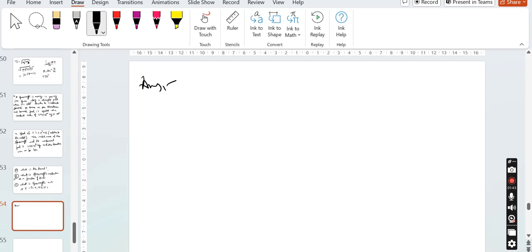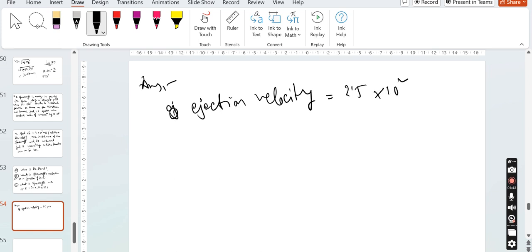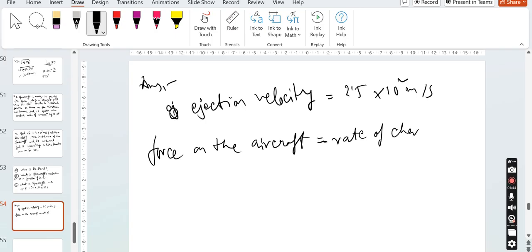So basically, the action velocity 2.5 into 10 to the power 2 meter per second on the aircraft is equal to the rate of change of momentum of fuel.